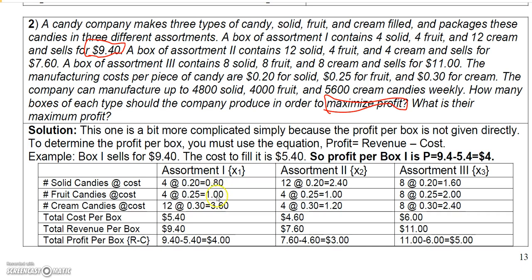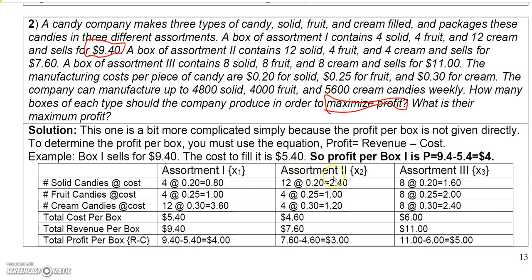So now if you add all of these up, the total cost per box is $5.40. And since we know the total revenue is $9.40, we can do $9.40 minus $5.40 and get that the profit is $4 per box.